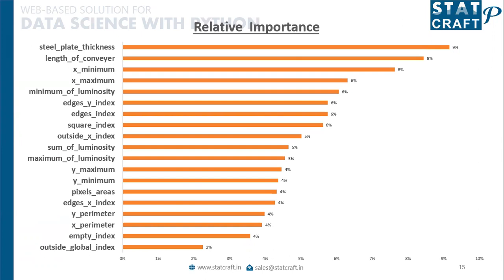Now, how is this beneficial? This is important because there is a simple rule in statistics called the 80-20 or the Pareto principle. What is this Pareto principle all about? The Pareto principle talks about 80-20. 80-20 simply means by focusing on 20% of the reasons, you will be able to solve 80% of the problems.